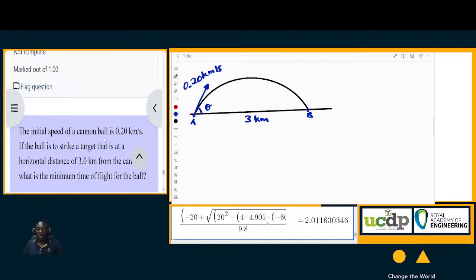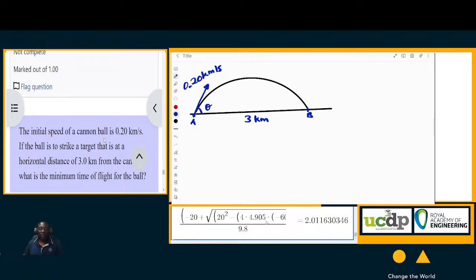So if it is to hit a target at B, which is a horizontal distance 3 kilometers away, there's no way theta can be 0, because if theta is 0, it will be launched horizontally and start falling lower than the initial launch position. So it has to go higher at a certain angle and then come down. As it comes down at 3 kilometers, it should come back to the same level.